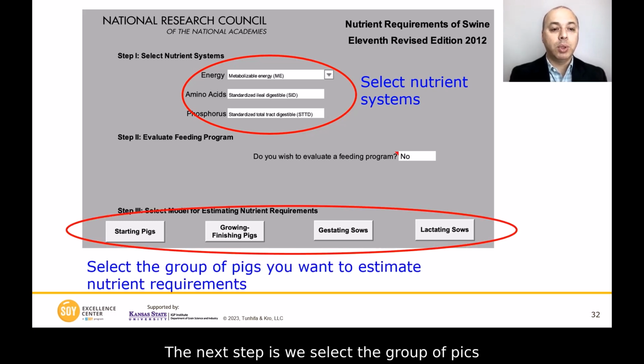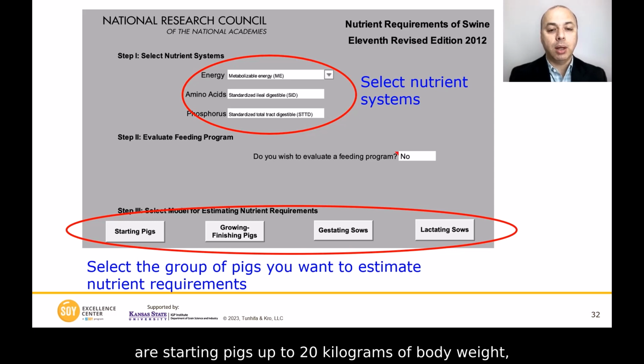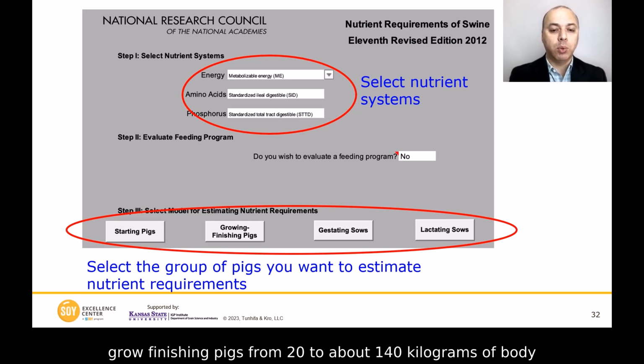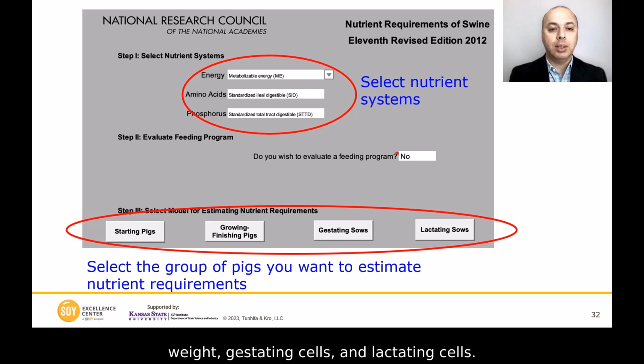The next step is we select the group of pigs that we want to estimate nutrient requirements for, and the four groups that this calculator provides are starting pigs up to 20 kilograms of body weight, grow-finishing pigs from 20 to about 140 kilograms of body weight, gestating sows, and lactating sows.